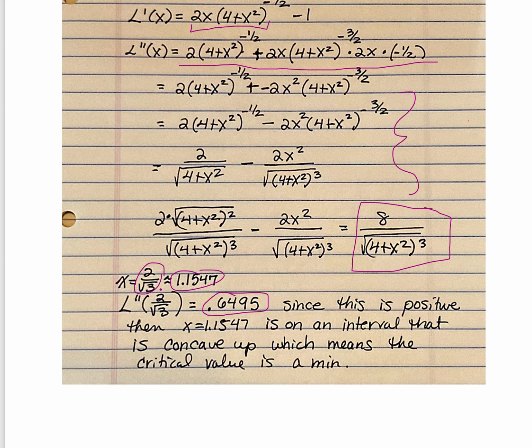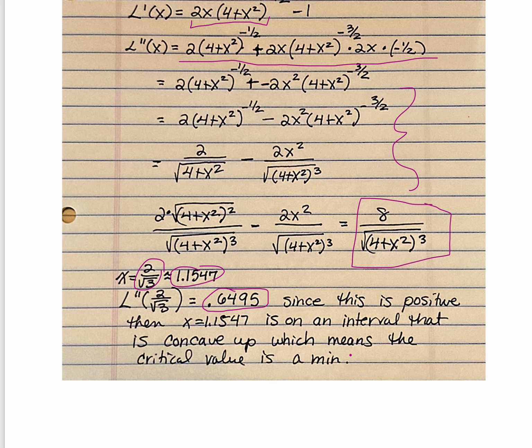And if it's concave up, that means that that critical value is a minimum. So that's our justification for saying that this value of x, 1.1547, is a minimum.